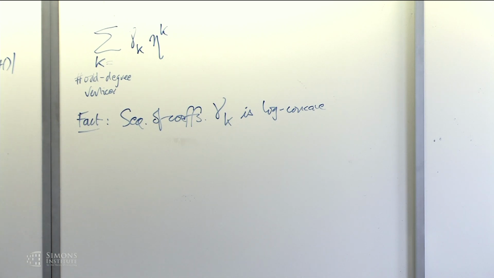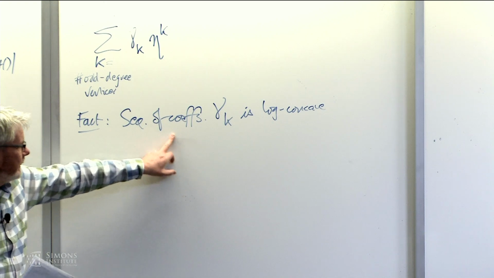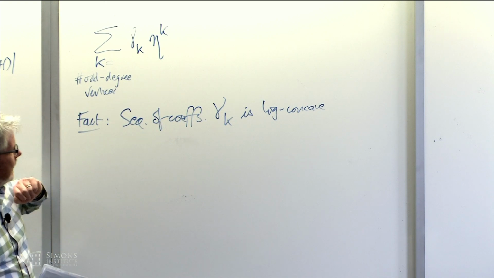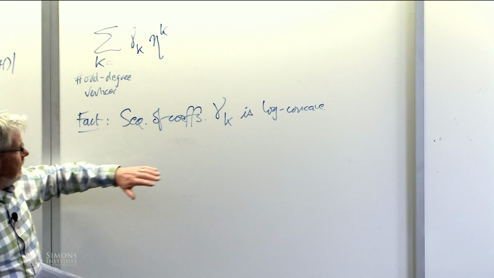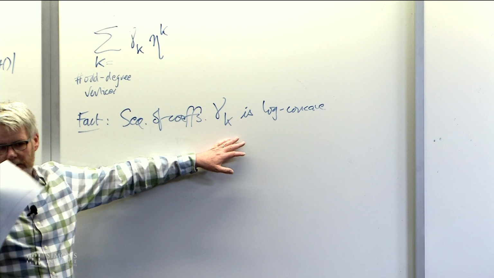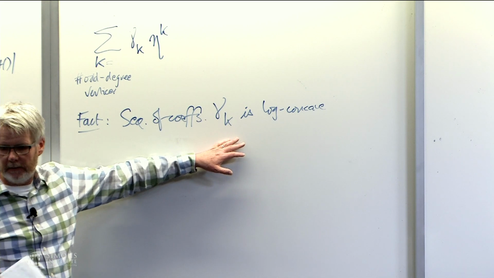There's also a Markov chain for matchings that also converges in polynomial time, and the analysis of that has the same property: as part of the proof of its convergence time, you actually see that the matching polynomial has log concave coefficients.